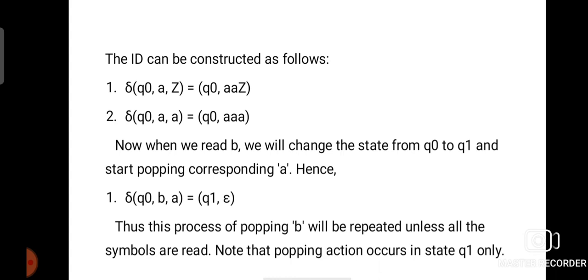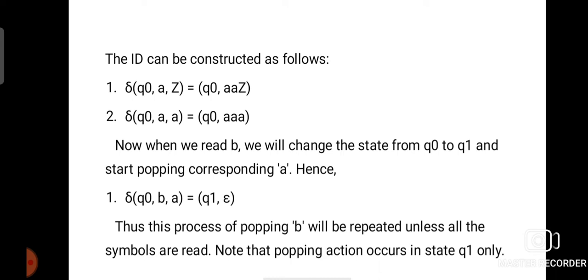Then when B is consumed, the system will perform a state change, that is, from Q0 to Q1. At that time the stack operation is that the A present on the top of the stack will be popped off. Definitely the top of the stack consists of A. The single A will be popped off from the stack and nothing will be pushed.